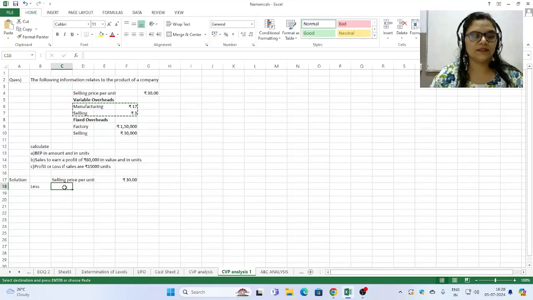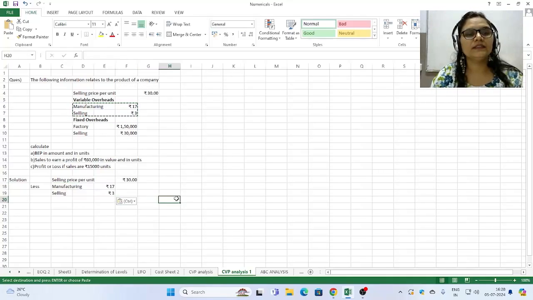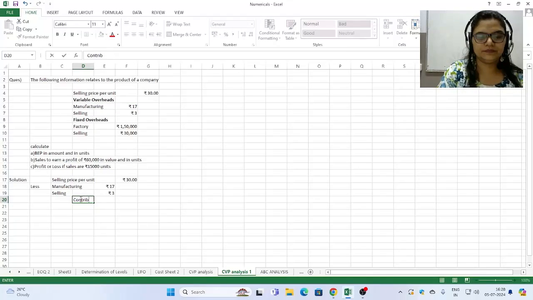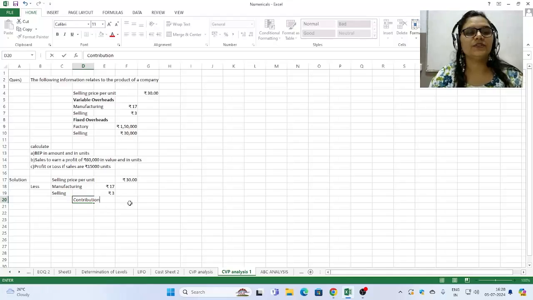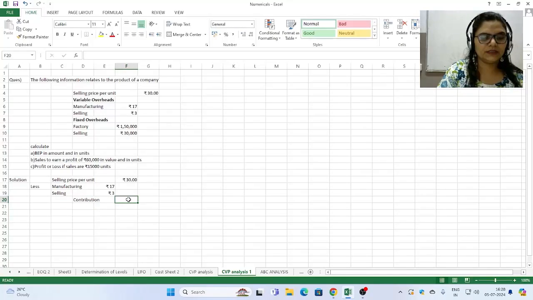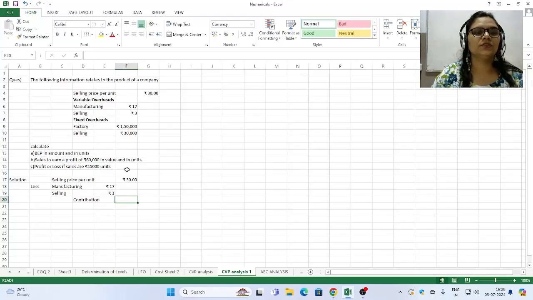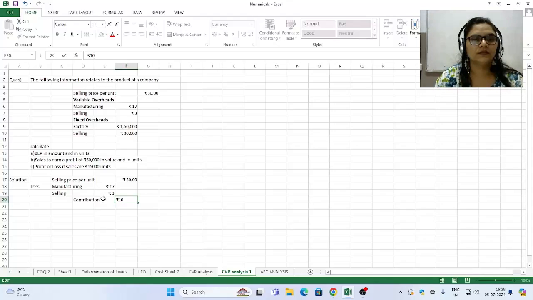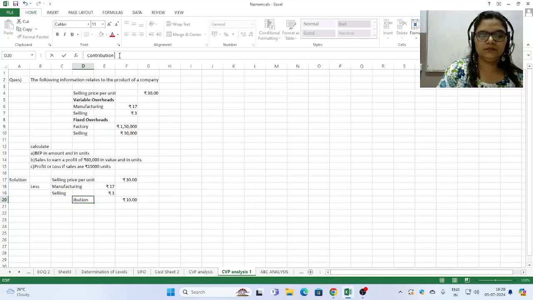Naturally, sales minus variable cost, 30 minus 20, will give you a contribution of rupees 10, and we are getting this contribution on a per unit basis.